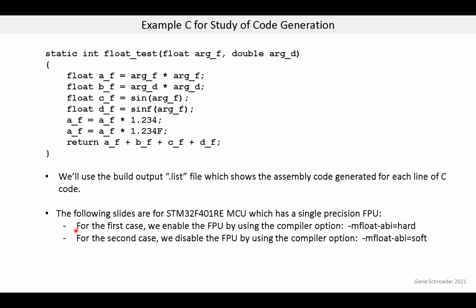And these are the two cases for using the FPU and not using it. And you can see you set the option either to hard or soft. If you're using the STM32 IDE, then there's a setting that controls this flag, and I'll show a screenshot of that on the next slide. If you're using makefiles, this would normally be part of the C flags.